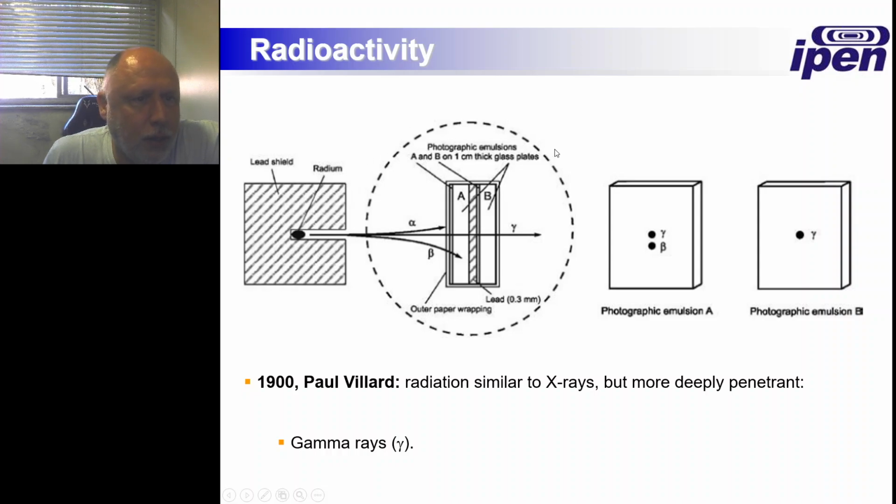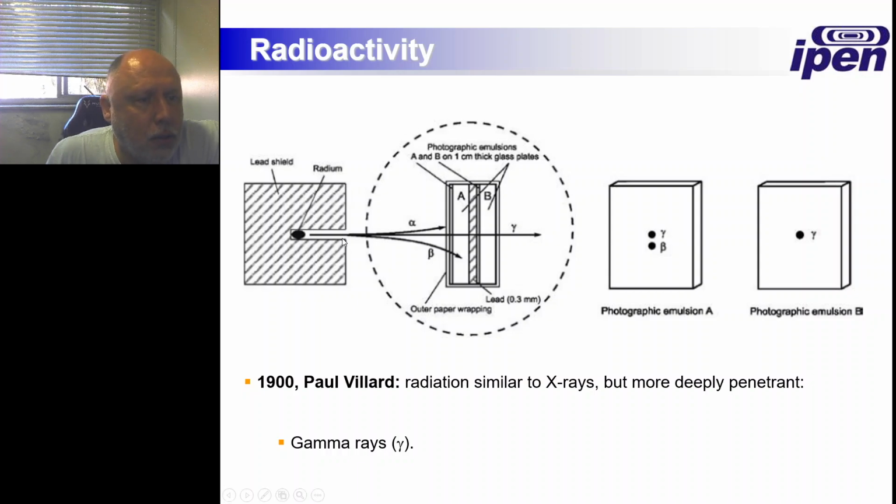Say we have the negative plate up here, the positive plate down here. So it was clearly positively charged, and it was blocked very quickly on the outer paper wrapping. You had to remove the wrapping to have any signal of it.